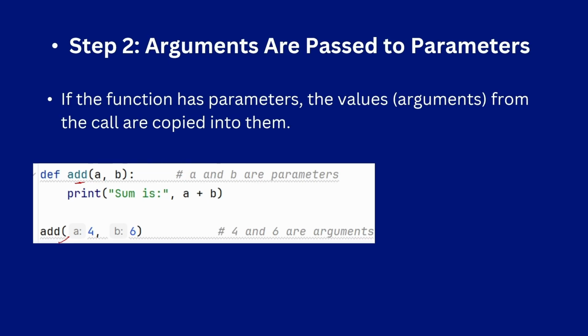So a becomes 4, b becomes 6, and when we say print sum is a plus b, we say 4 plus 6, that is 10. That is how it works. The arguments, if we have them, are passed to the parameters.